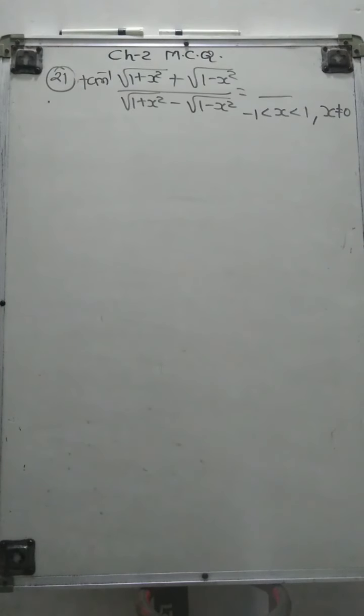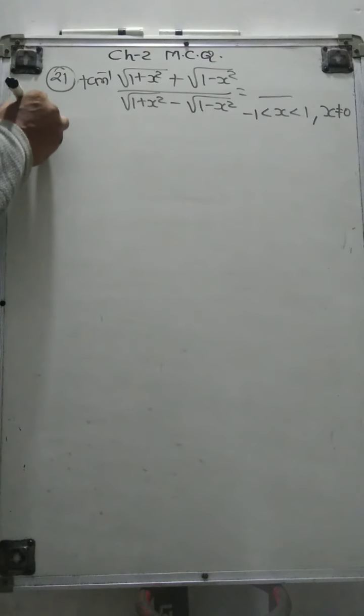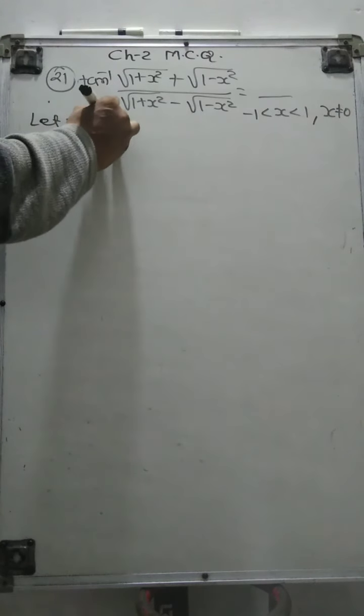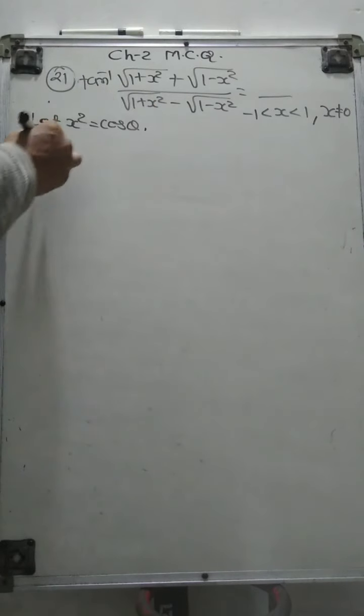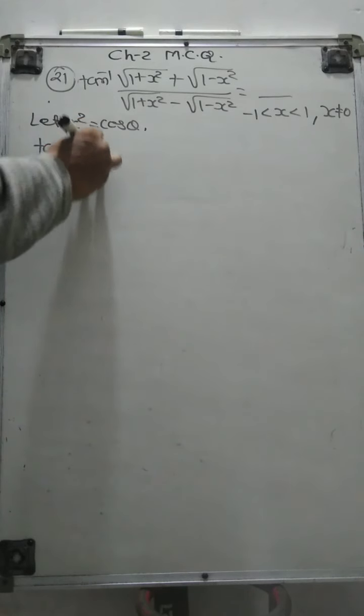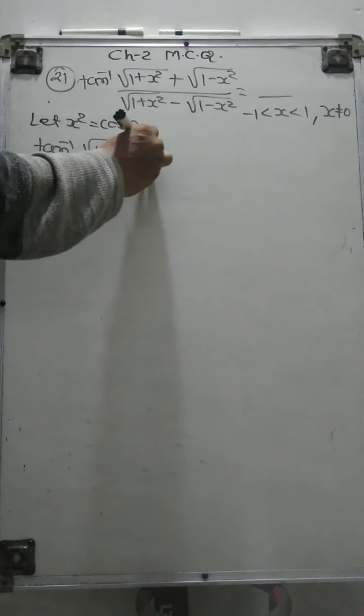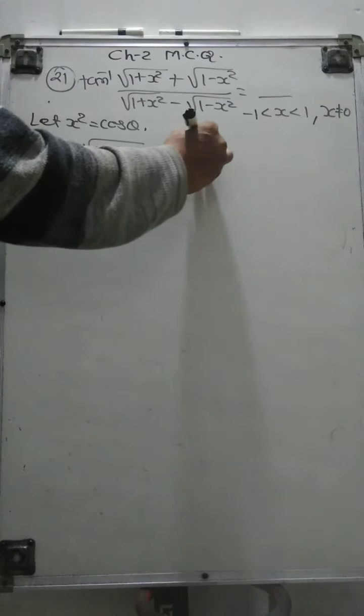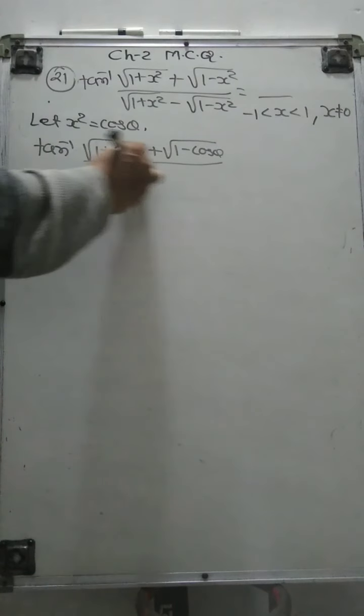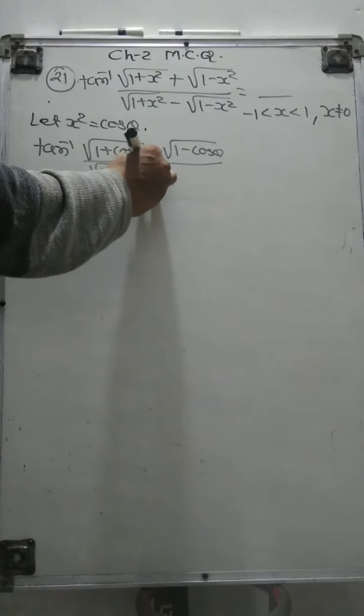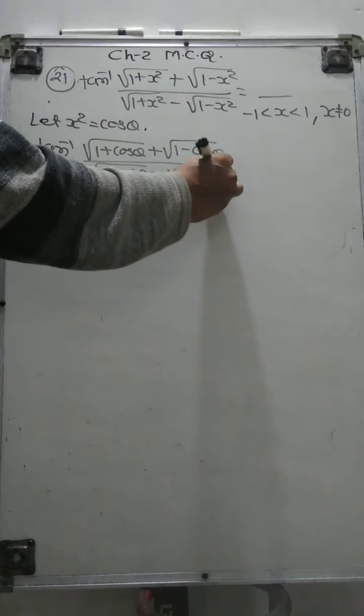Sum: tan inverse of root 1 plus x square plus root 1 minus x square upon root 1 plus x square minus root 1 minus x square is equal to dash, where the condition is given minus 1 less than x is less than 1, x is not equal to 0. So let x square equal to cos theta, and tan inverse, we put 1 plus cos theta plus 1 minus cos theta upon root 1 plus cos theta minus root 1 minus cos theta.